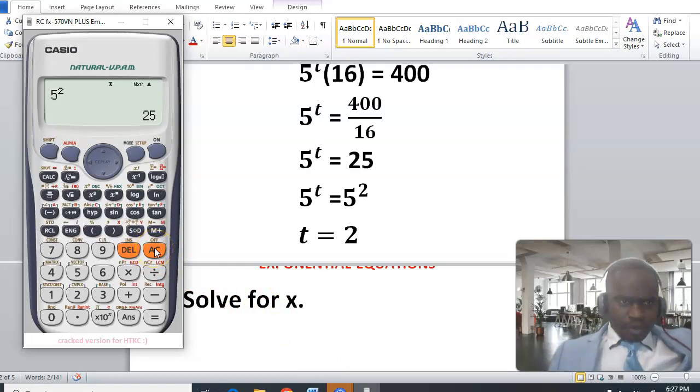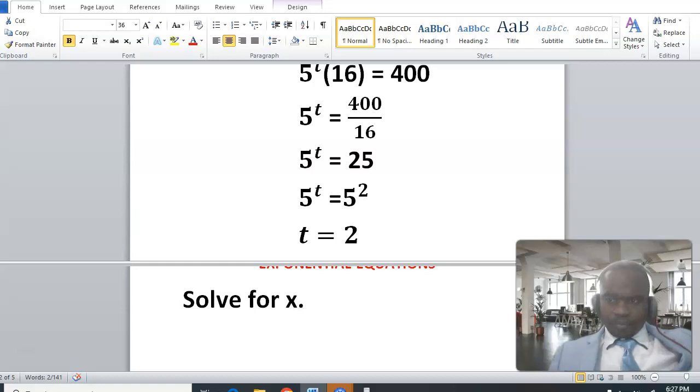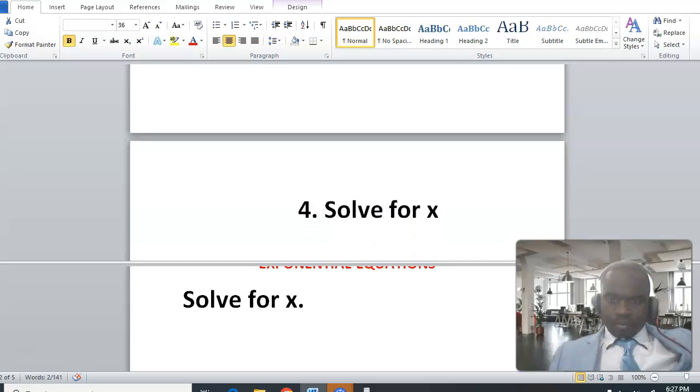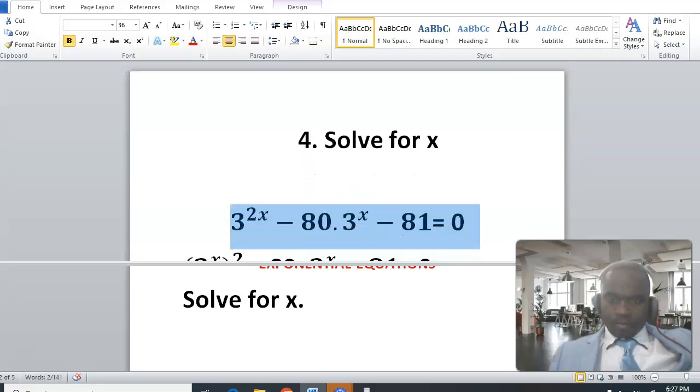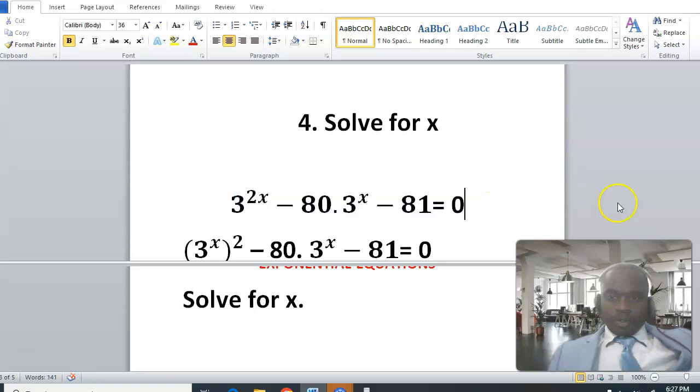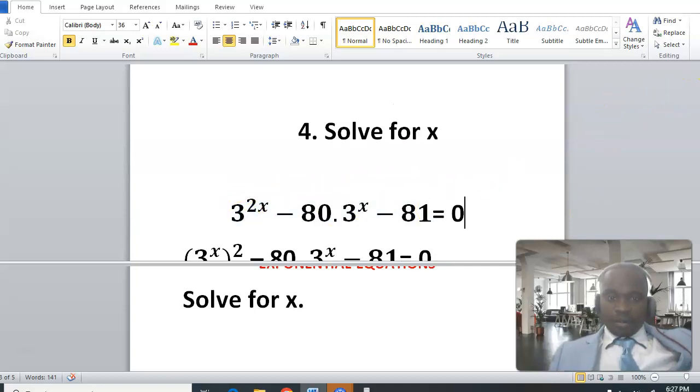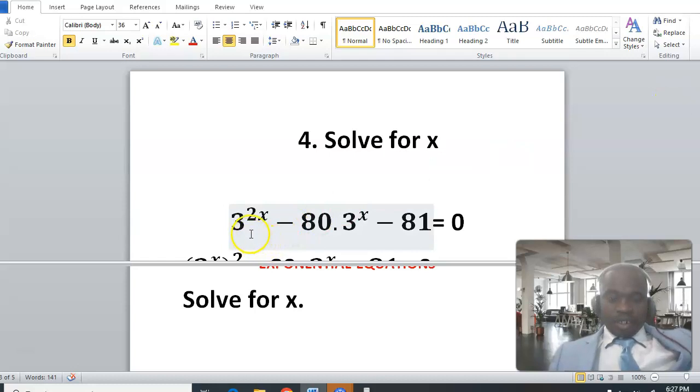Now we are going to look at the next question, which is this one. We have 3 exponent 2x minus 80.3x minus 81 is equals to 0.